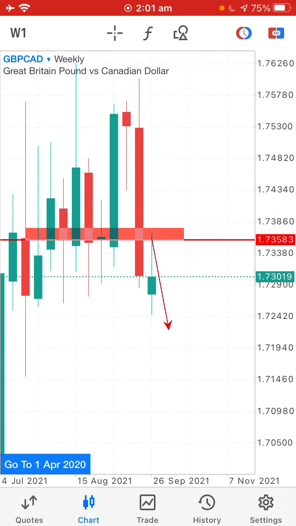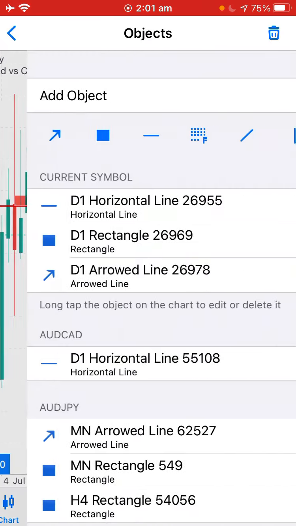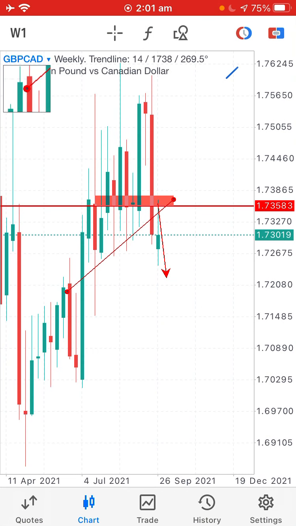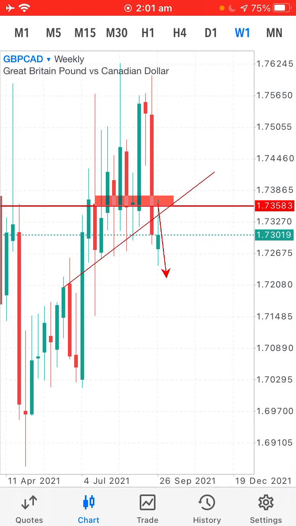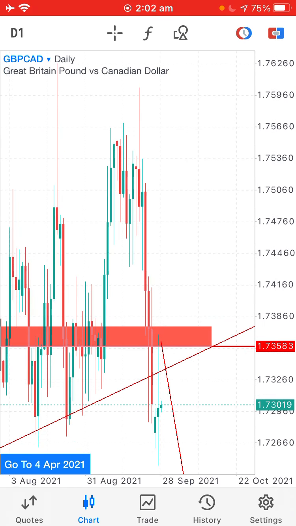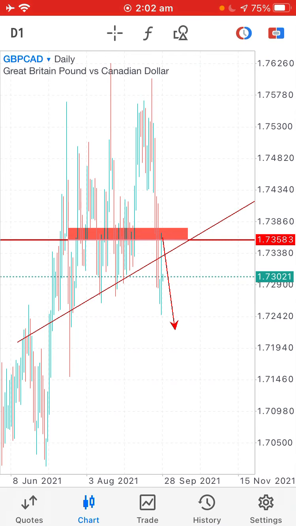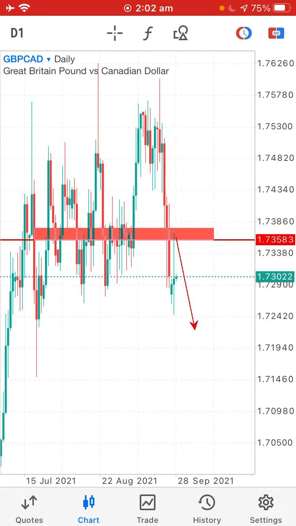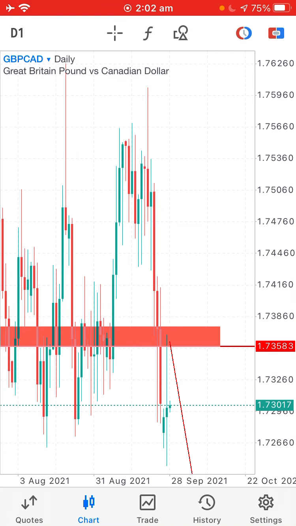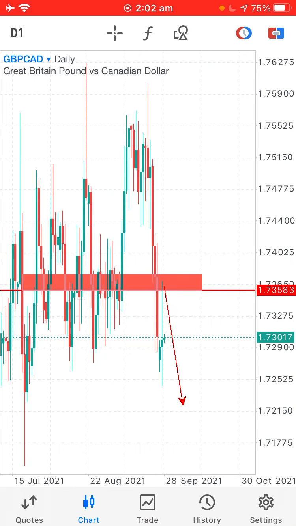On the weekly time frame, we had a trend line over here, a nice trend line that connected at least 3 supports, which broke, and now we expect the market to still provide a continuation to the downside. So going down to the daily also, we expect the market to retest the 61.8 level of the Fibonacci, which it has retested, and now we expect the market to provide a move to the downside. So the monthly, the weekly, and the daily seem quite bearish.